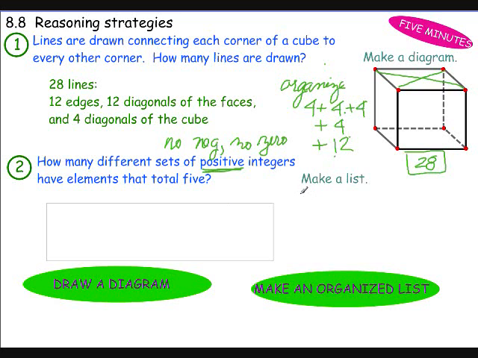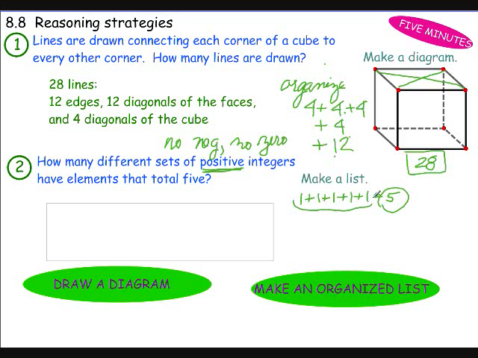Well, let's keep it simple. If I had 1 plus 1 plus 1, I just stop when I hit 5. That's one set. Oh, this would also be a set, wouldn't it? Just the 5 all by itself.